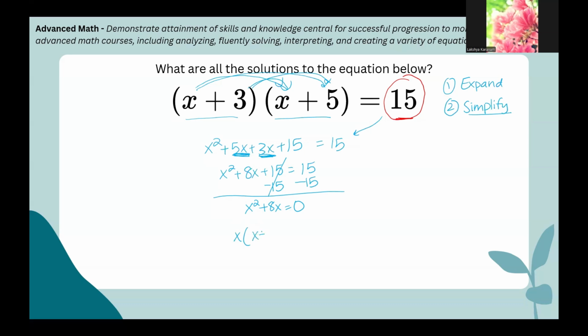You end up with x times (x plus 8) equals 0. You can set x equal to 0 and x plus 8 equals 0. So x equals 0 is already the answer. To get x on its own here, you can subtract both sides by 8 and get that x equals negative 8. So these are the two solutions to the equation below.